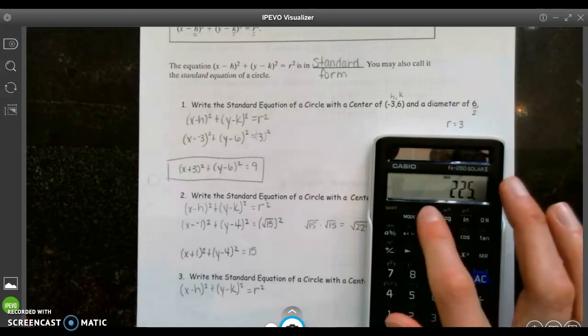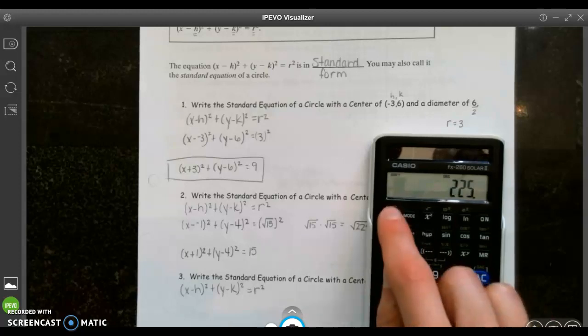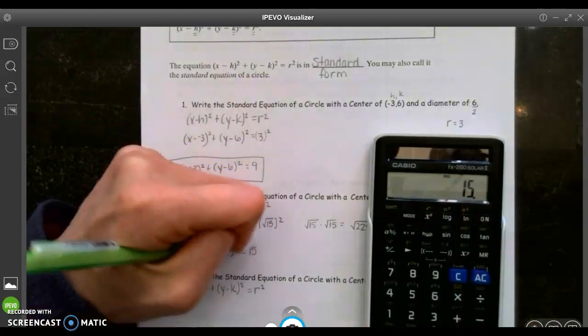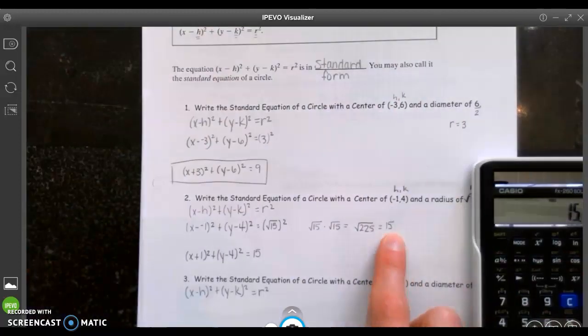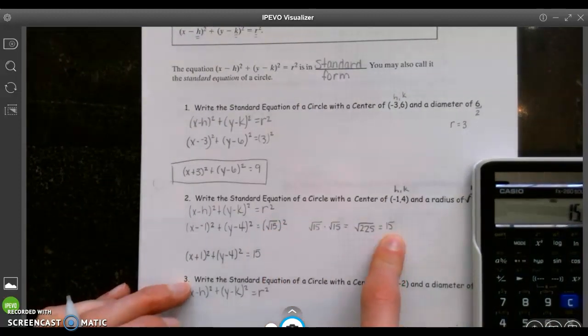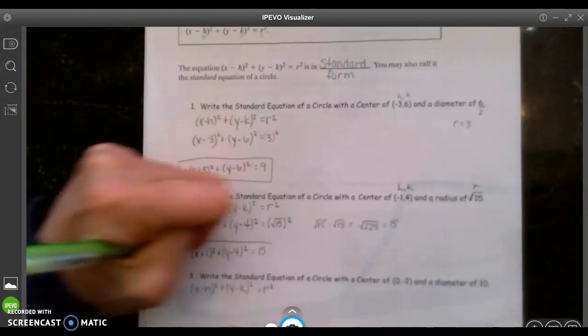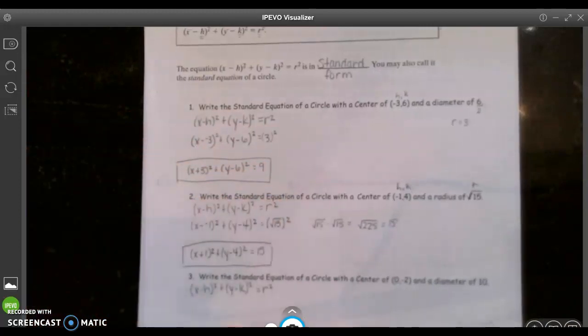Here's my square root button. If I take the square root of 225, I get 15, which is this right here. So root 15 squared is all of this work, which we don't have to show. It just ends up being 15 because a square root and a squared cancel each other out. So this is my answer for that one.